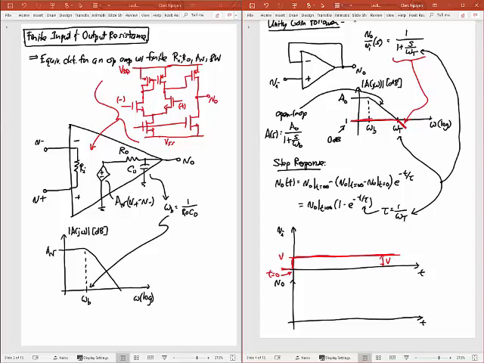This is V, some constant number, times 1 minus e to this. So 1 minus e to this is going to, in the output, look like this, and it's going to end up at V. And so that's what I expect it to look like.